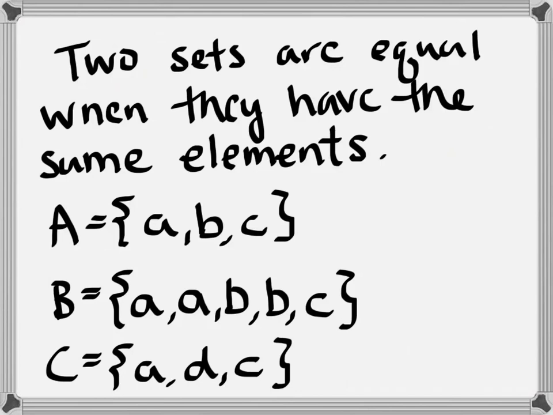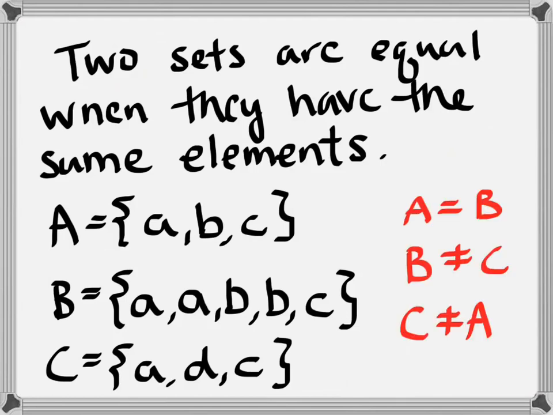What's important here is that I do not specify the number of elements. For example, if we take set A to be the set of elements a, b, and c, and B to be the set consisting of a, b, b, and c, and we take C to be the set consisting of a, d, and c, we can say that A and B are the same set because they both contain a, they both contain b, and they both contain c.